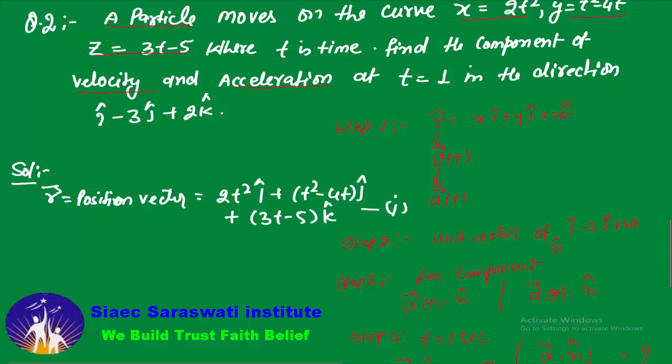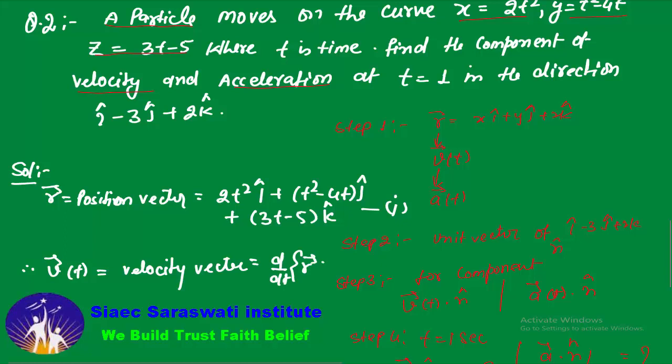So now we will find out the velocity. So therefore v of t, that is a velocity vector, and that is equal to d upon dt of position vector r.